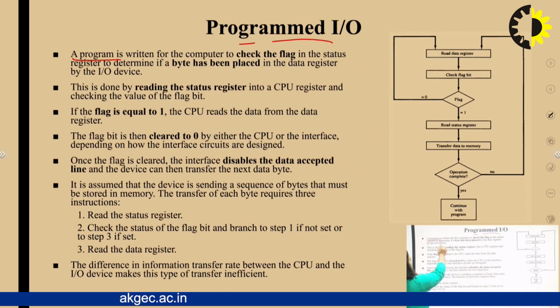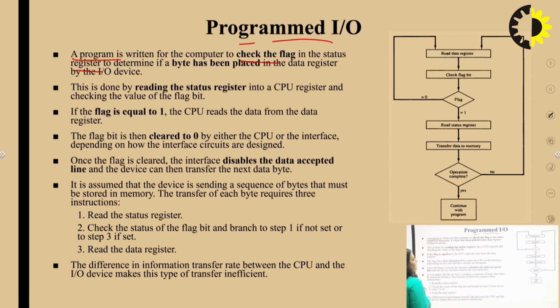The program checks the flag in the status register, which determines if a byte has been placed in the data register by the input output device. And this is done by reading the status register into a CPU register and checking the value of the flag bit.